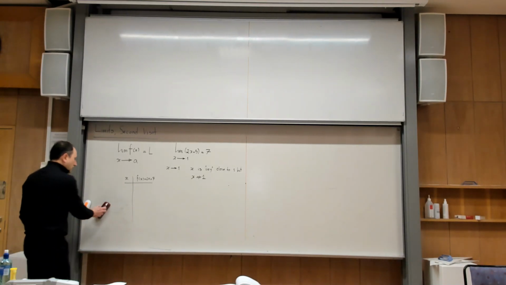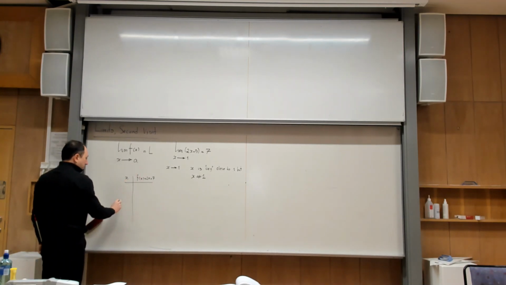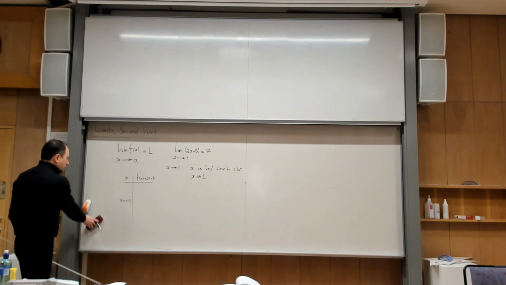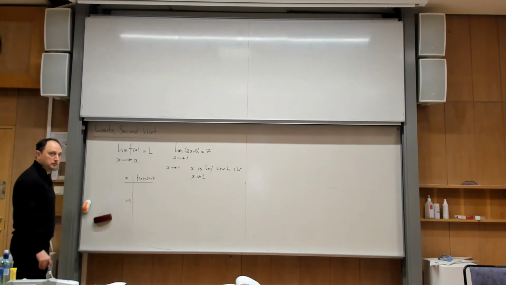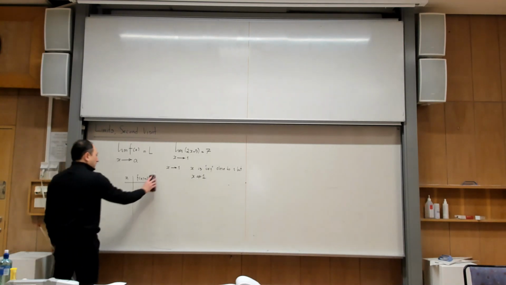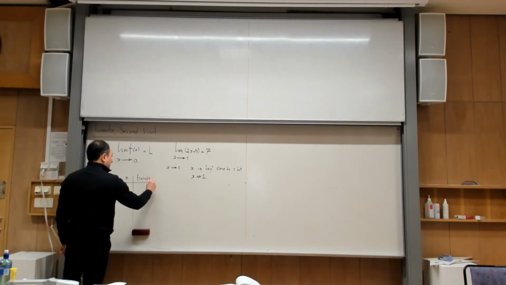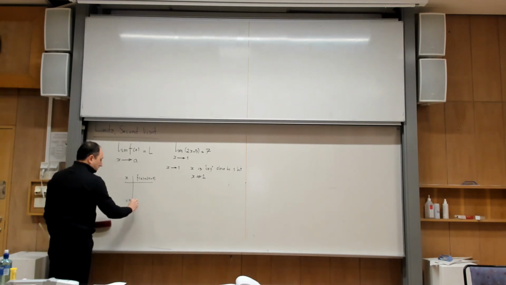It might not be easy to calculate exactly what's going on, but for example, let me put 0.9. This number is close to 1. Did you mean to write 2x plus 7? No, sorry. Thank you. 2x plus 5. Okay, so if I put 0.9 here, I have to calculate 2 times 0.9 plus 5.